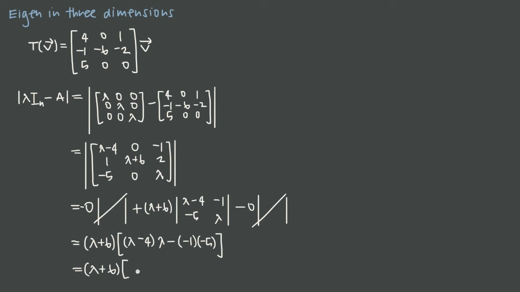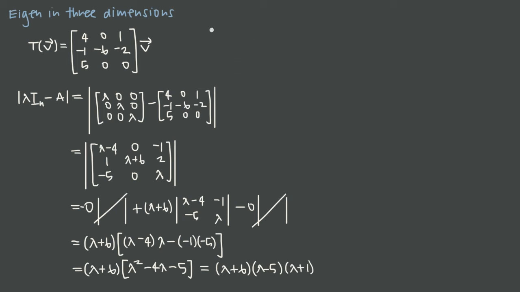And then here, if we multiply out, we'll get lambda times lambda is a lambda squared minus 4 lambda, and then here we'll have -1 times -5 is a positive 5, so we end up with a -5. And then this can actually be factored, so we get lambda plus 6, and then here we'll get lambda minus 5 and lambda plus 1.